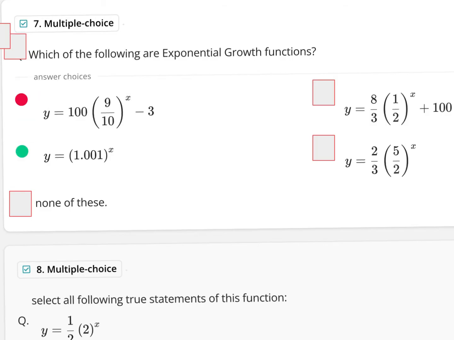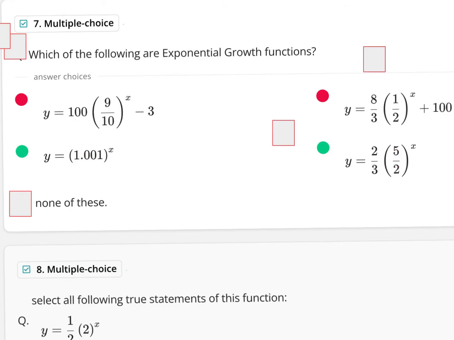That's why it's selected in green right there. Over here we have the base 1/2. That's a decay function, not a growth function. It's not greater than 1. So it's this last one, 5/2, that's really 2.5. 2.5 is greater than 1, which means that this is a growth function. So out of these, only these two are growth functions.